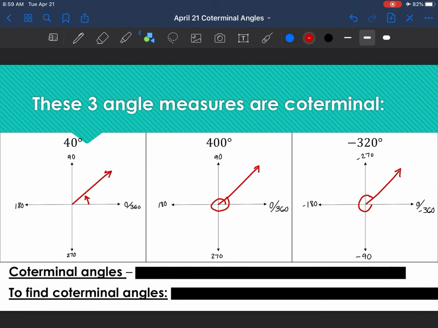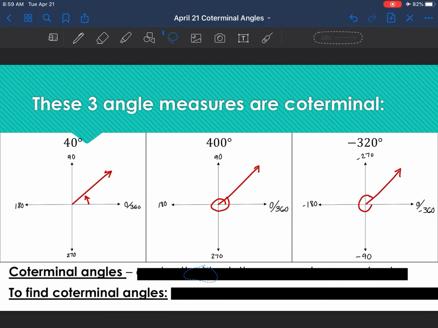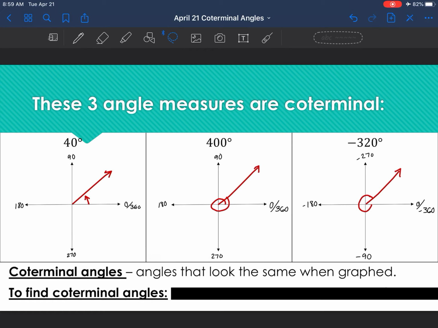But regardless, they all look the same as their end result. They all had their terminal side in the same place. So that's what coterminal means. Coterminal is angles that have different degrees, but they all look the same. So here's a definition. Angles that look the same when you graph them, but they have different degree measures.